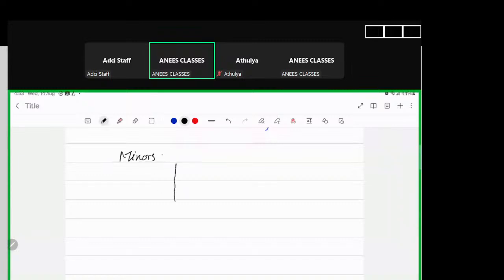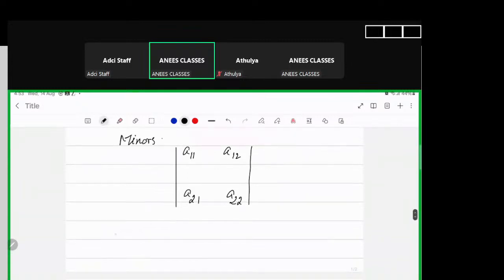Suppose that I have a determinant A11, A12, A21, A22. Minor of A11, I will write this M11.